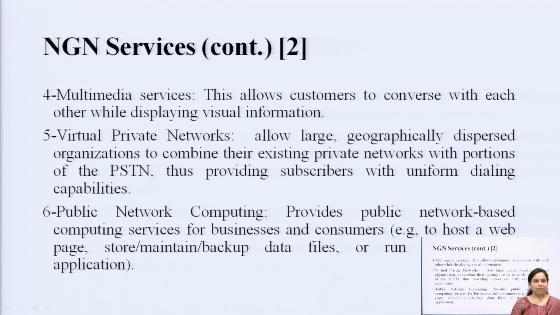A LAN is specifically used for the transmission of data signals. If you can add voice signals also to this existing network, this will enhance the services provided by the NGN.